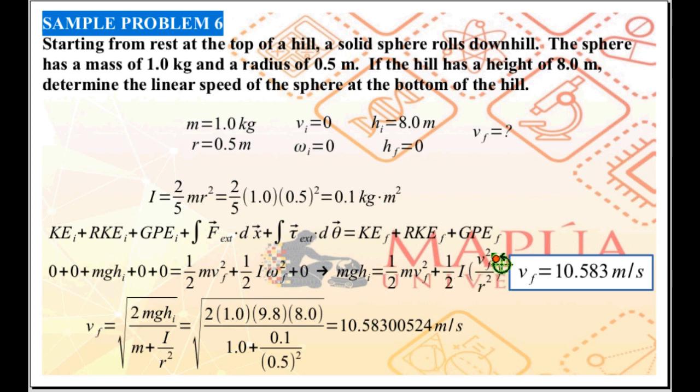So we have v f squared over r squared. The final tangential speed is also the final linear speed. So, isolating v f and plugging in the known values, we are able to calculate the final speed to be 10.583 meters per second.